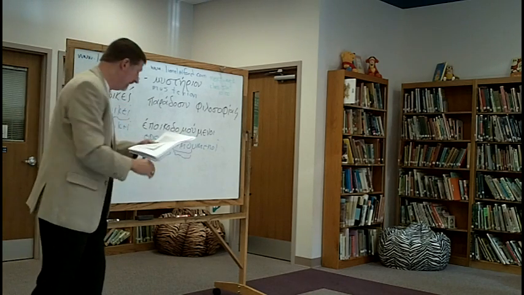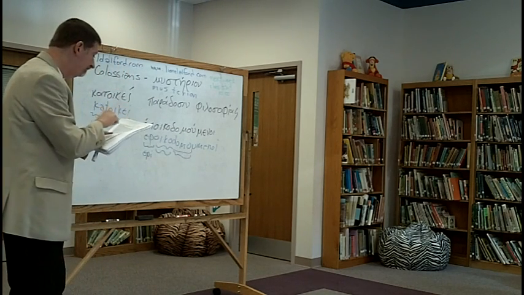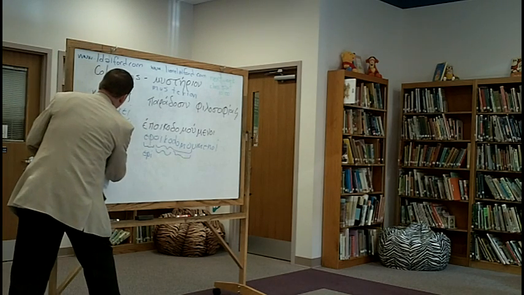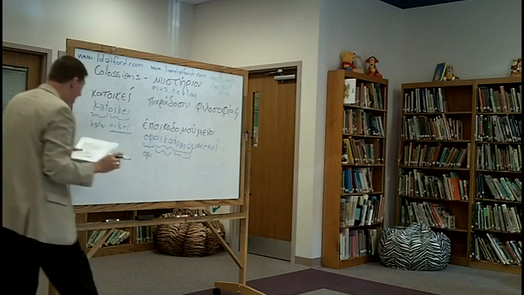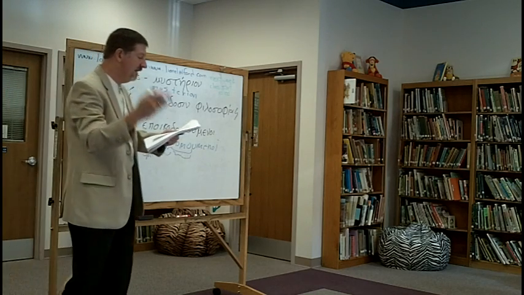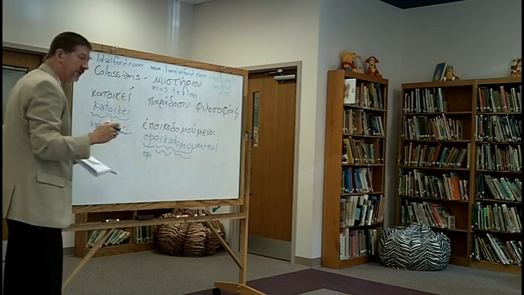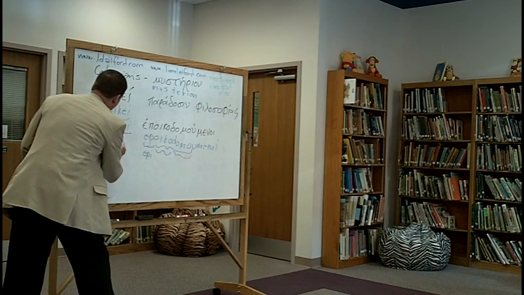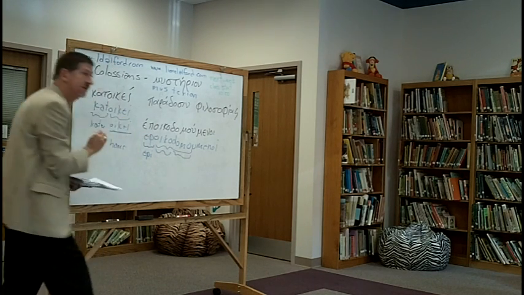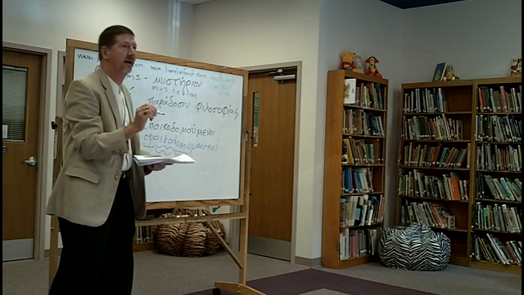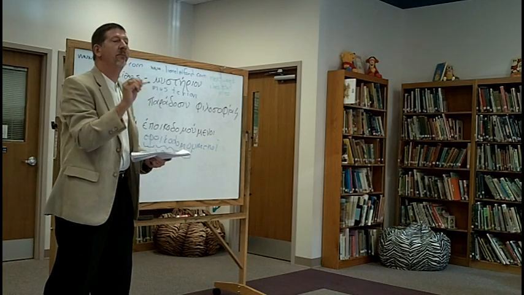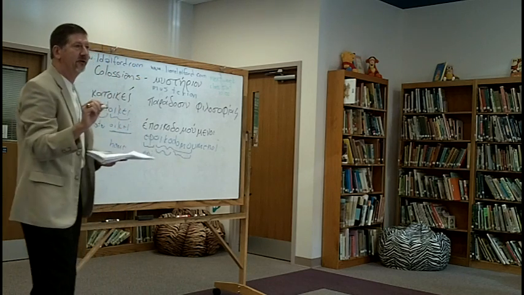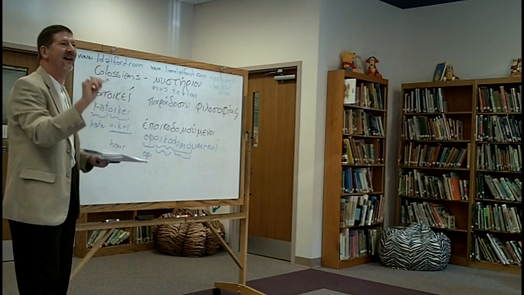And the reason is because of this: oiko, right here, means, in Greek, literally, a home, not a house. It means a place of dwelling. And remember, I tell you, Greek is not figurative, so think this through.